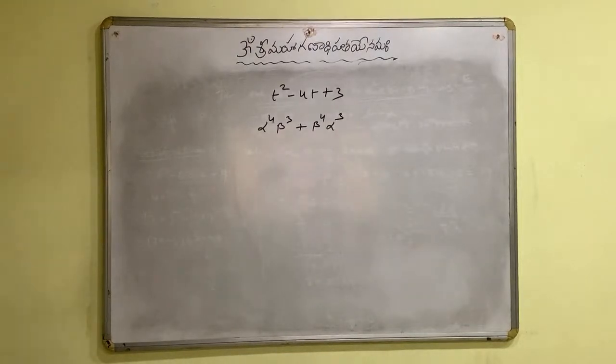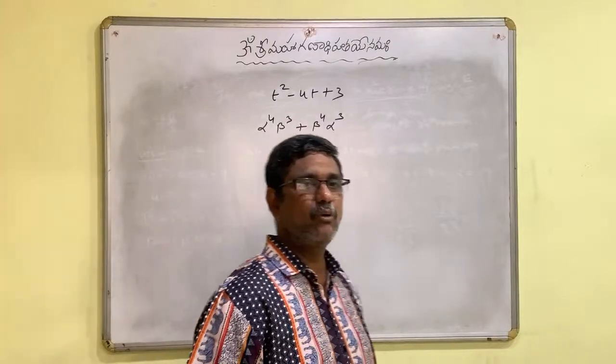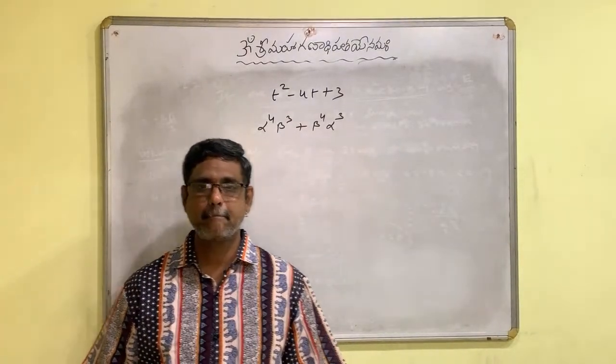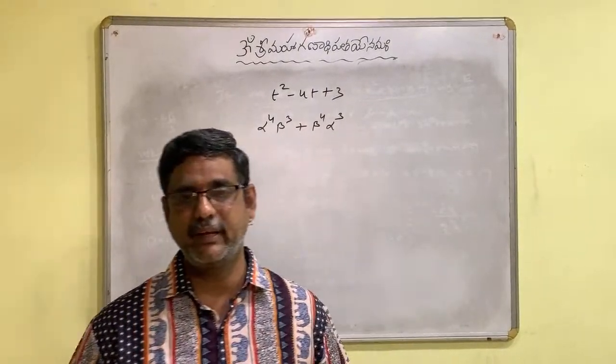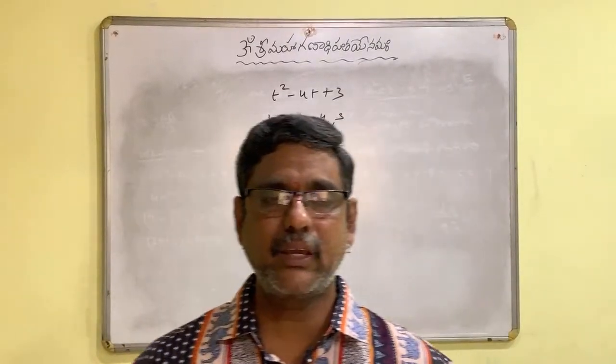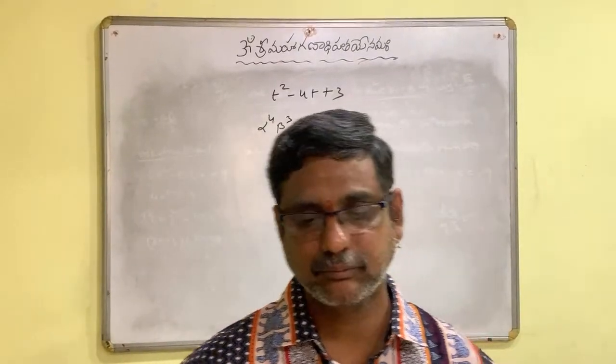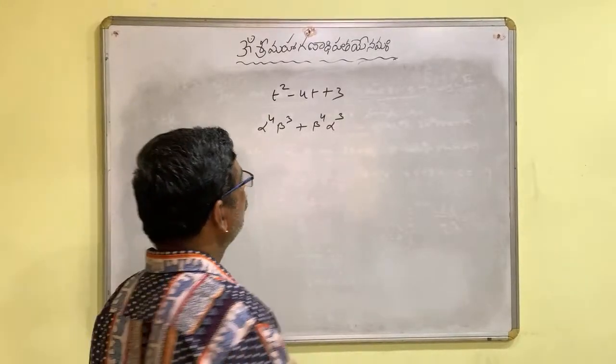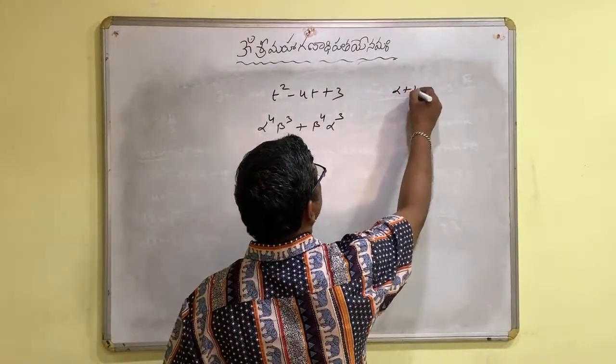If alpha, beta are the zeros of t square minus 4t plus 3, very good Shyam, very good. Taking alpha cube, beta cube common. Before that we need to write the values.